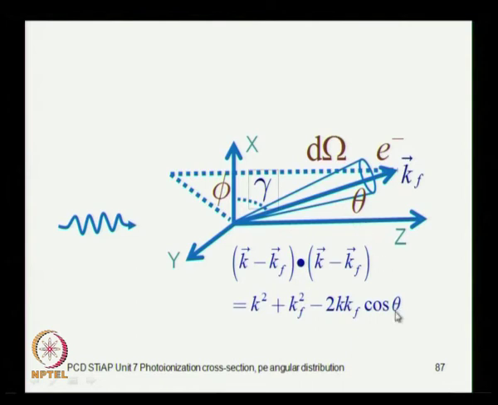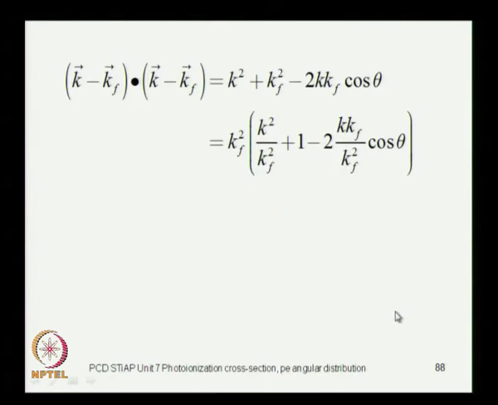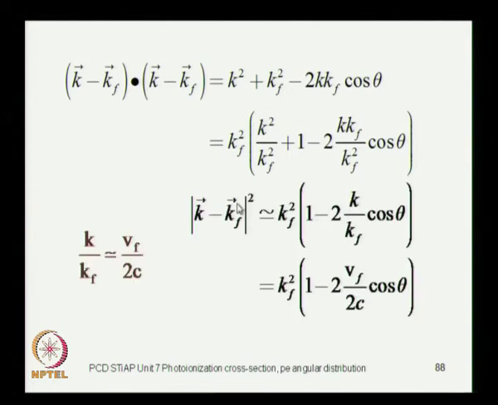Kf is this k, our choice of z axis is along the incident direction of electromagnetic radiation. So, this is cosine theta, this is the polar angle theta, and you can now get kf square, factor it out, because you have an approximation for k over kf. So, it is good to factor out kf square, and where you have k over kf square, you can make an approximation which being Vf over 2c, which is a small quantity.